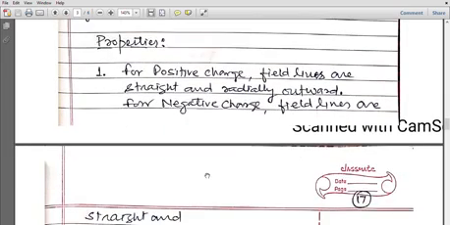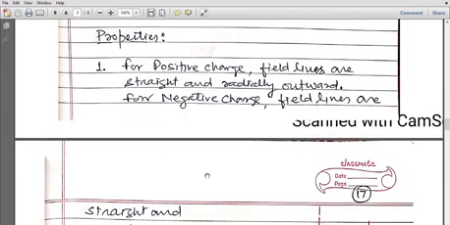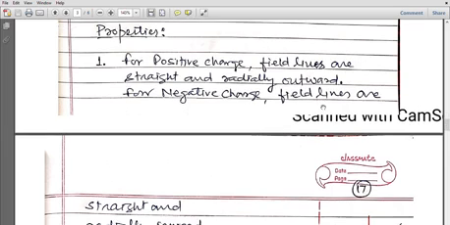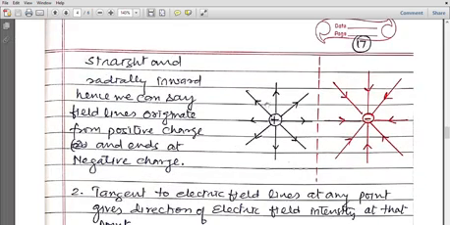Now, first property. If we talk about a positive charge, electric field lines are straight and radially outward. It means for a positive charge, field lines will originate from the positive charge and they will go to infinity along the radius. Similarly, for a negative charge, field lines are again straight and they are radially inward.